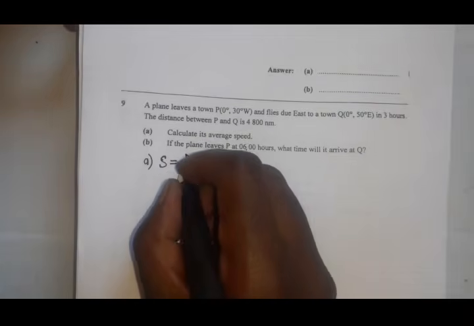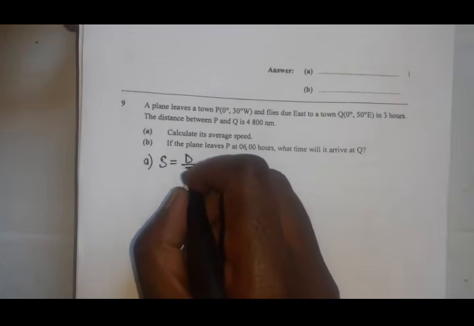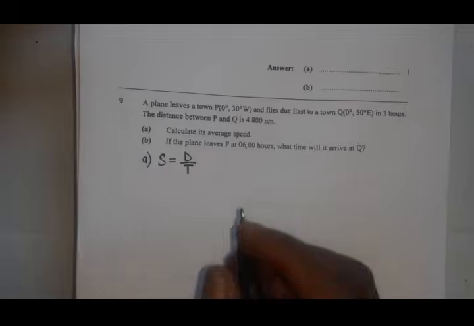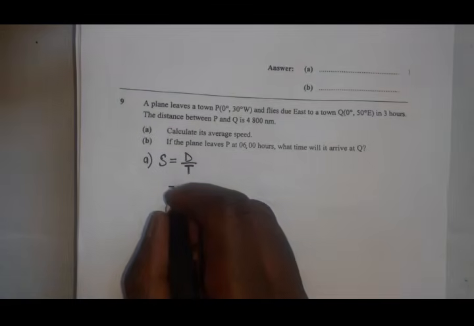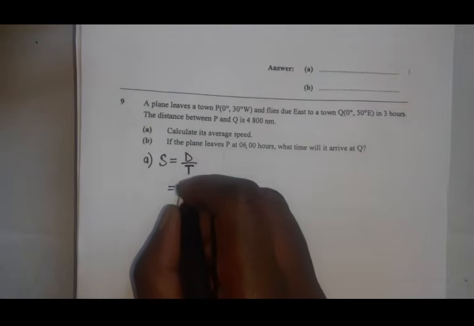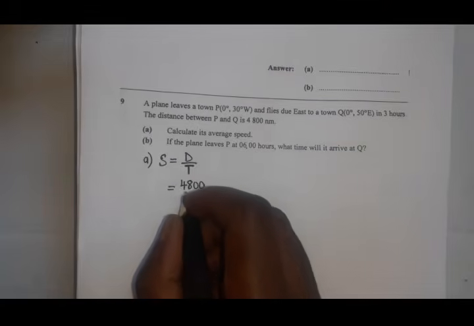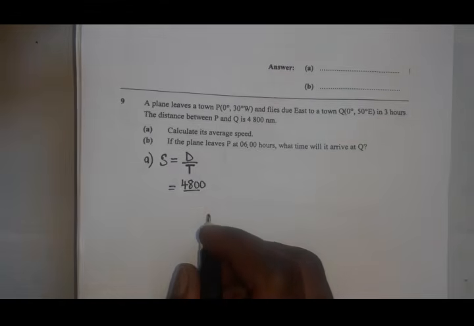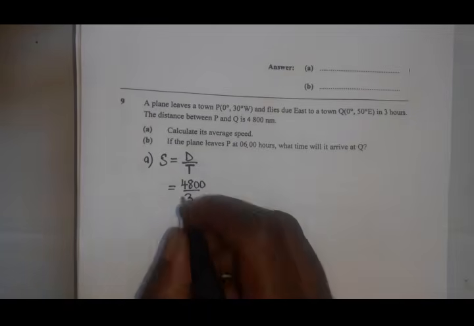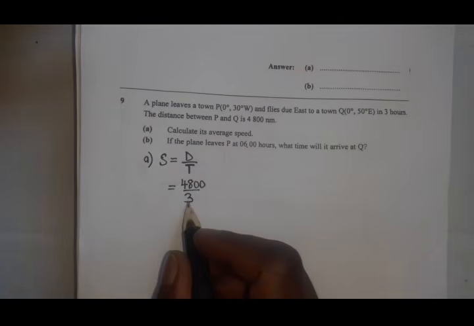So average speed is equal to distance over time. Our distance has been given as 4,800 divided by time, which is 3. So you have to divide 3 into 4,800.